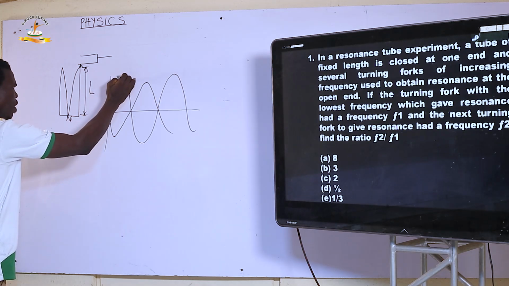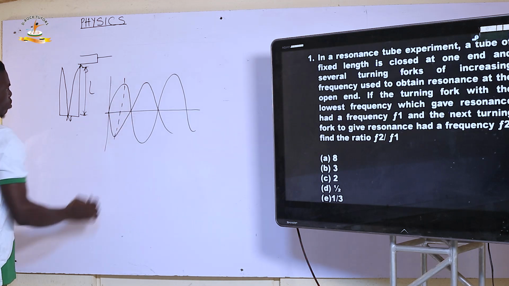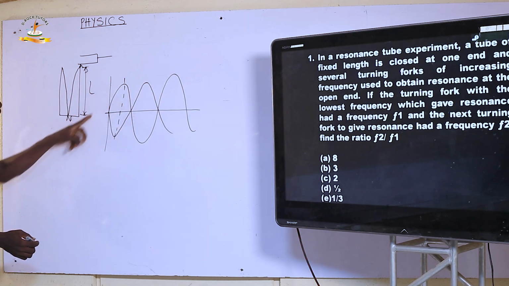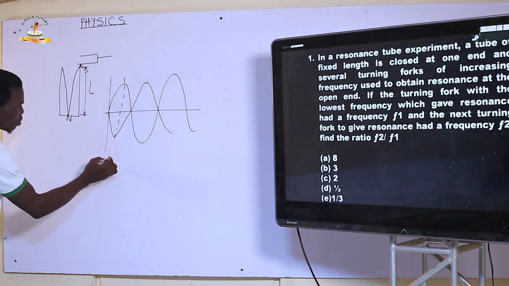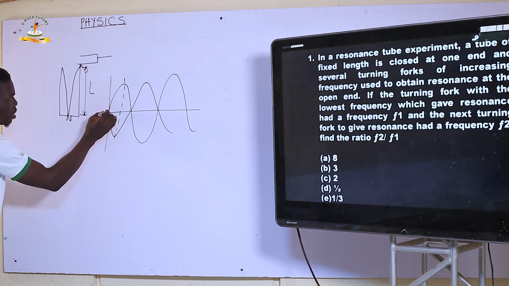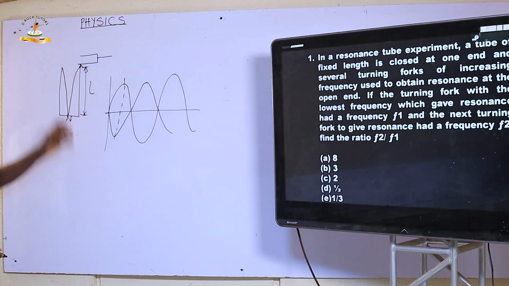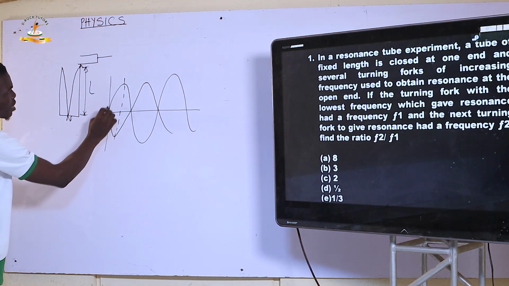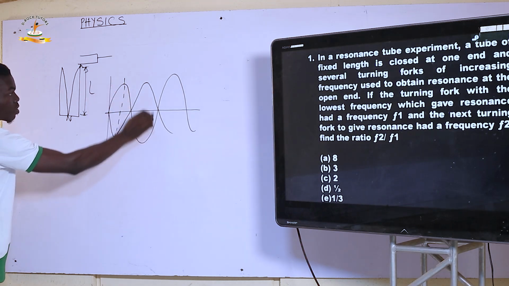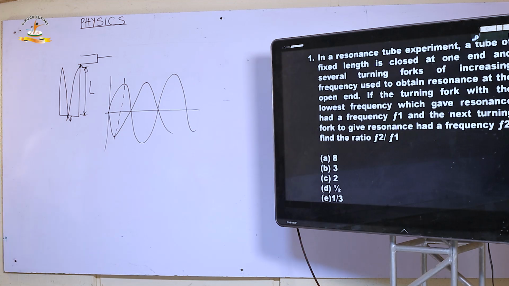So let's break this into two. What do you see? You are seeing a part of it that has a node here and an antinode at this point. This is literally what we have at this same end. The distance traveled by a complete cycle is known as the wavelength, or lambda.